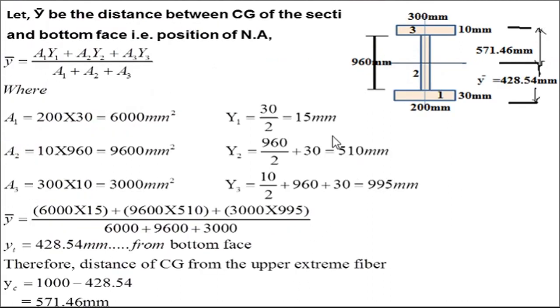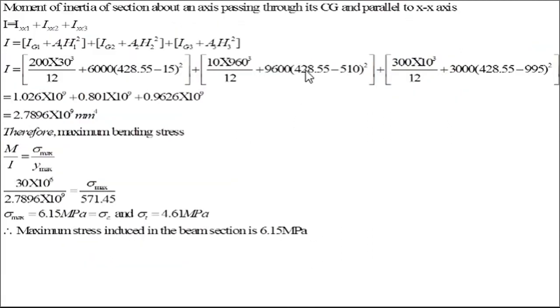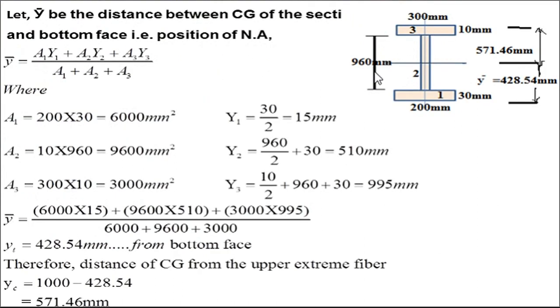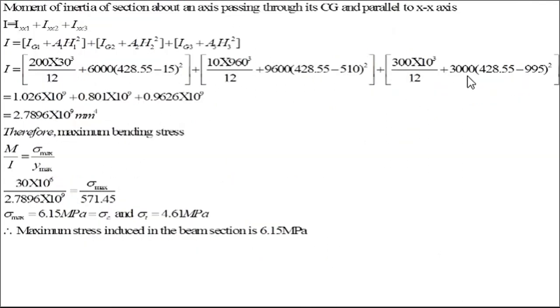Then the MI of the third flange, 300 into 10 cube, b into d cube by 12, plus the area 300 into 10 into h3 square, where h3 is y bar minus y3. By adding all this you will get the MI about the centroidal axis, that is 2.7896 into 10 to power 9 mm raised to 4.